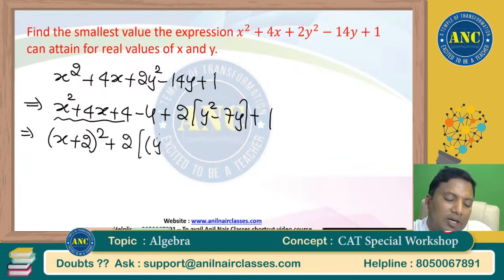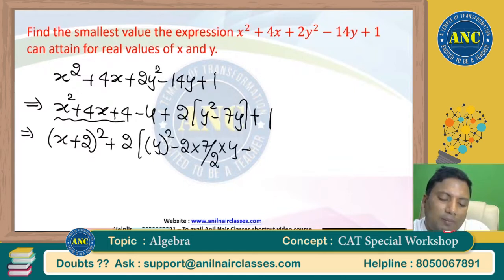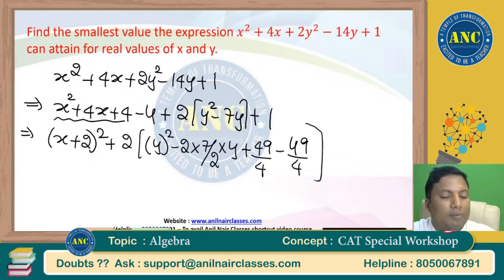So here it is x plus 2 whole square, plus 2 into y square minus 2 into 7 by 2 into y plus 49 by 4, minus 49 by 4. Minus 4 plus 1. Here it is x plus 2 whole square.